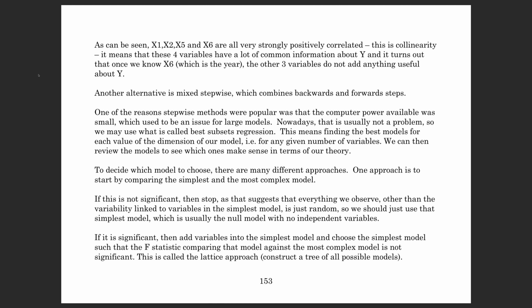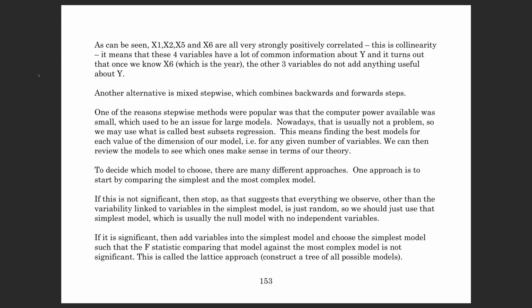How do we choose the best model? We choose the simplest model where there isn't a better model. In other words, if I'm comparing two models, unless I'm sure that the more complex one is better than the simpler one, I should just prefer the simpler model. So we have a general preference for simpler models unless they're clearly not good enough.